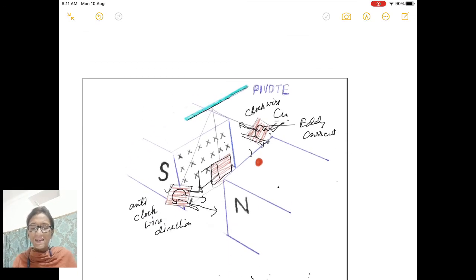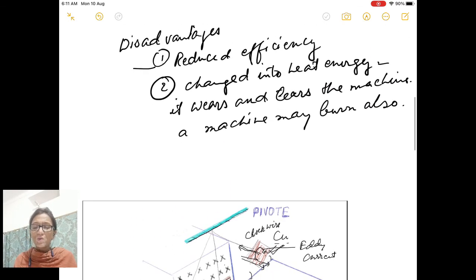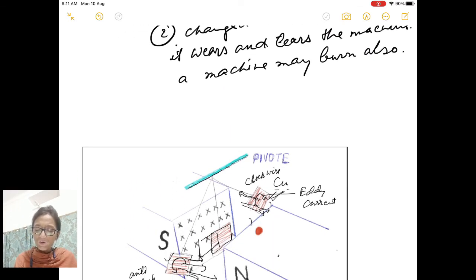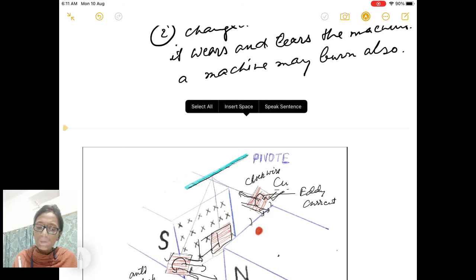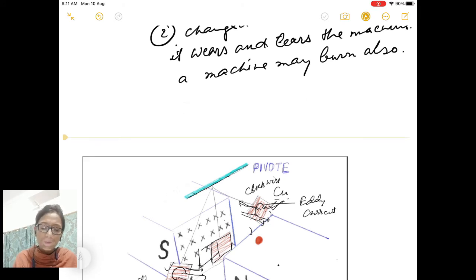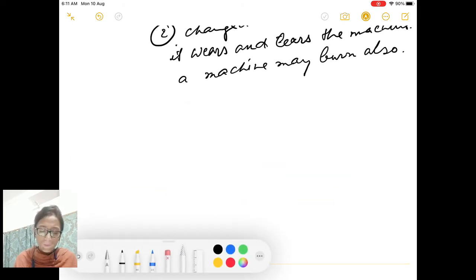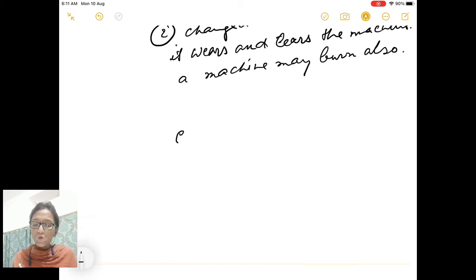Now this eddy current is disadvantageous in many cases, so we'll try to reduce it. You know that the EMF induced as per Faraday's law and Lenz's law is equal to minus d phi upon dt.